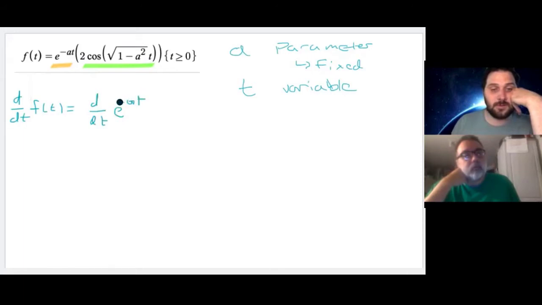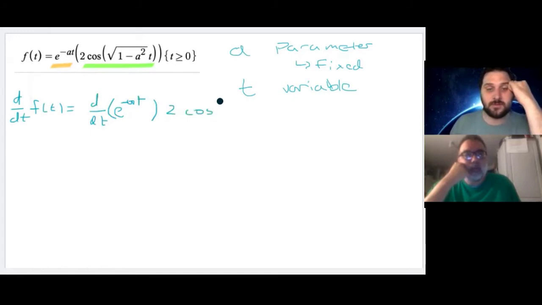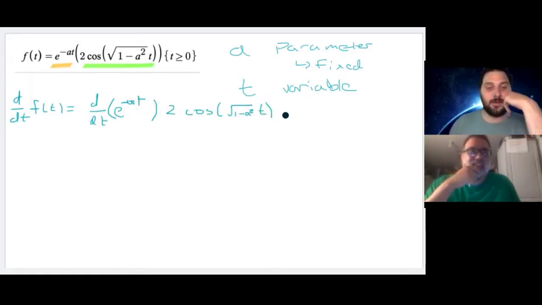The first one gets its derivative taken, and then we just write out the rest of this. And I know I'm going to run out of room. Okay, and then we need to add.